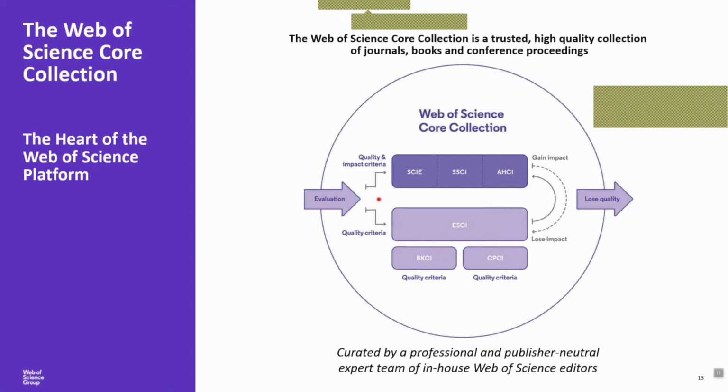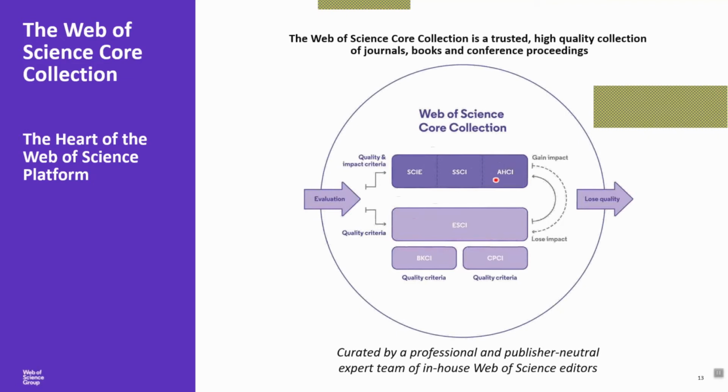So the Emerging Sources Citation Index is ESCI, and it covers multiple disciplines. This particular index will only cover the journals that fulfill the 24 quality criteria that we have. If the journals fulfill the additional 4 impact criteria, they will then be promoted to these flagship 3 indexes, which are Science, Social Science, and Arts and Humanities.